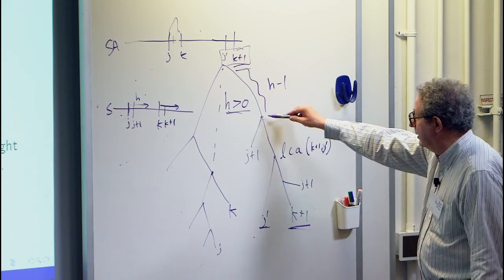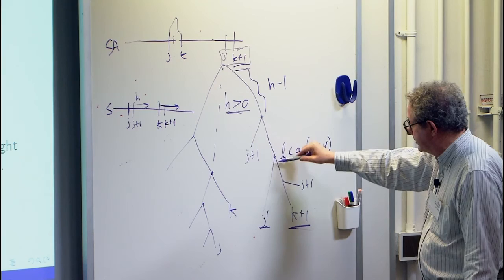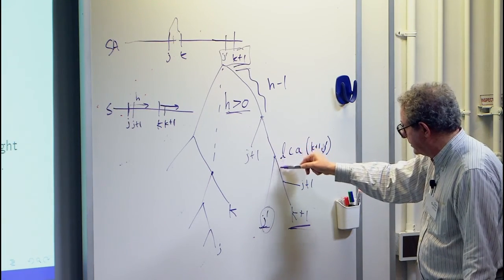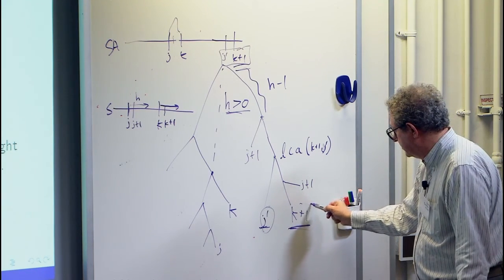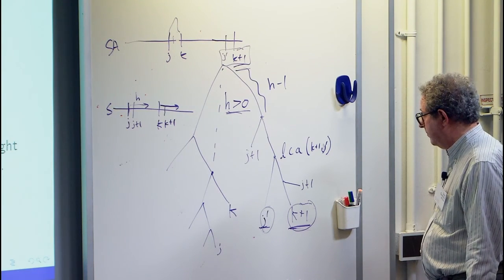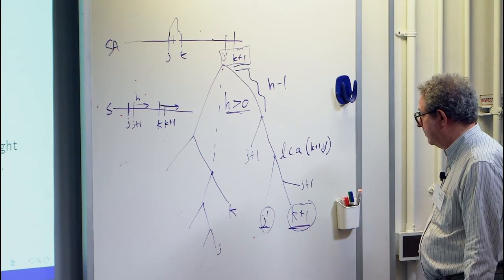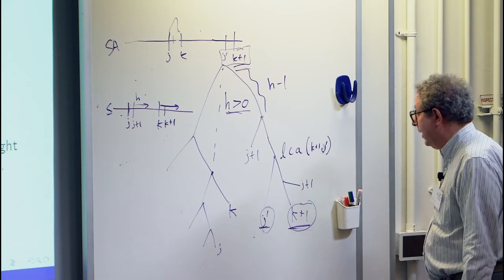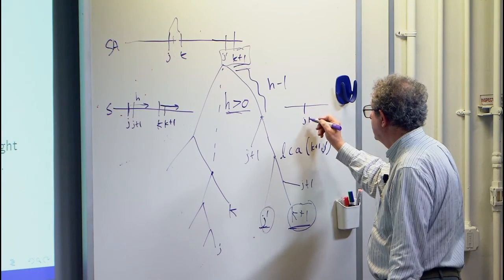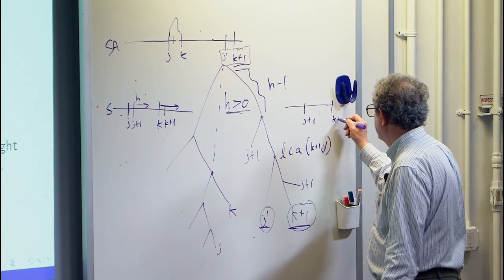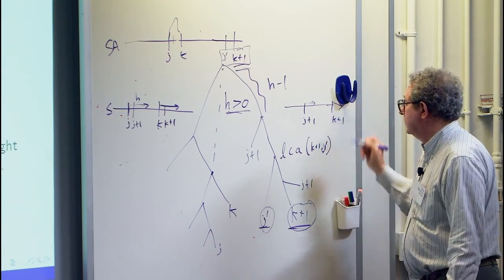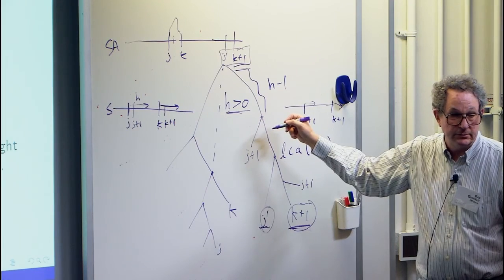Then, remember, our lexicographic depth first traversal goes this way to J prime, and then it comes up, and lexicographically comes down to k plus 1, is what we know. Oh yeah, but then the common length between J plus 1 and k plus 1 would be bigger than H minus 1.